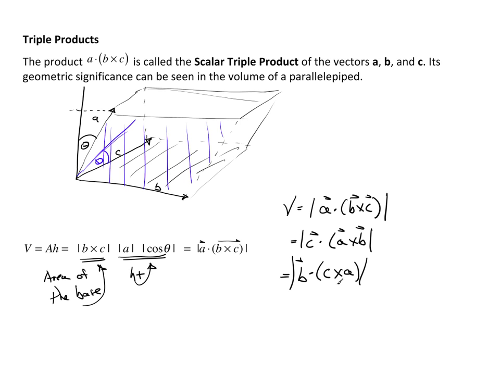And then C cross A would be the area of this parallelogram up here, and then I dot it with B. So basically I can pick any one of these parallelograms based on these three vectors, find its area, multiply it by the corresponding height, and I will get the volume of this thing.